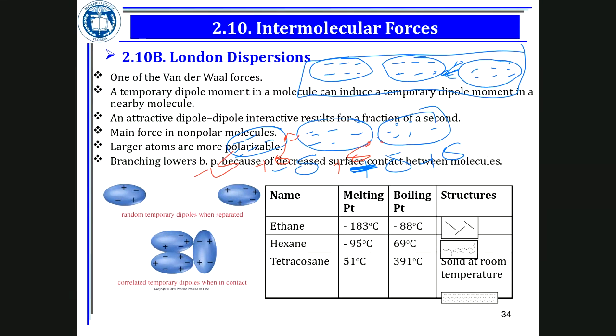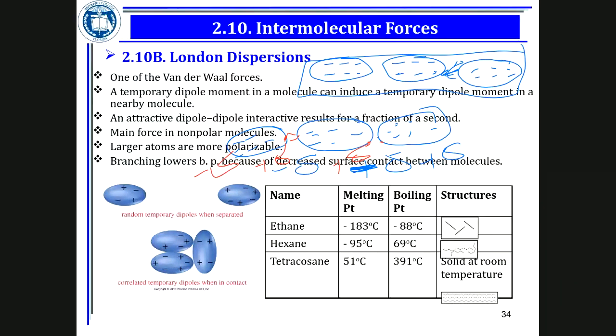If you have a polar molecule, it has dipole-dipole interaction and London dispersion. If you have a molecule that has hydrogen bonding, it's going to be hydrogen bonding and London dispersion. And if it's polar as well, it's going to be hydrogen bonding, dipole-dipole, and London dispersion.